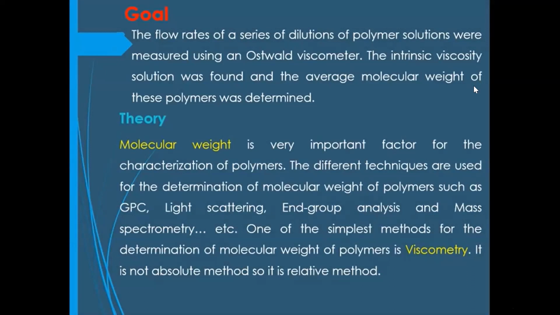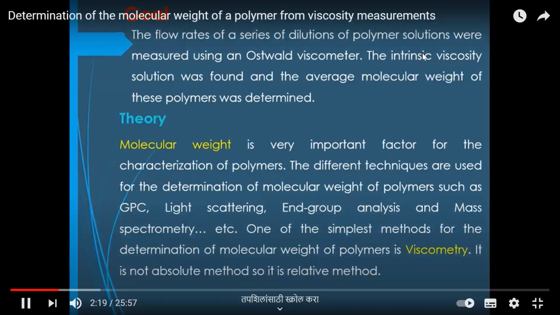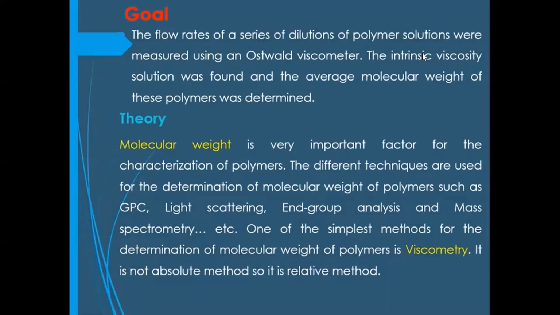One of the simplest methods for the determination of molecular weight of polymers is viscometry. It is not an absolute method, it is a relative method. This is important: not absolute, but relative.